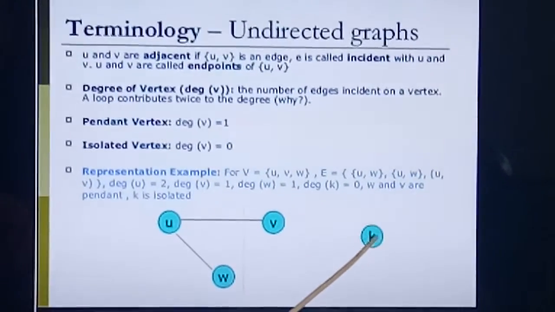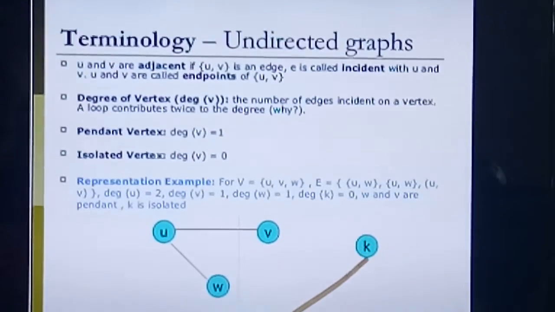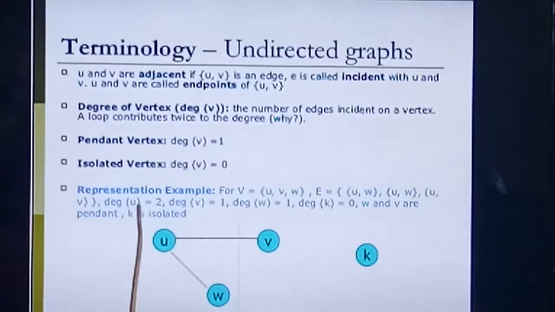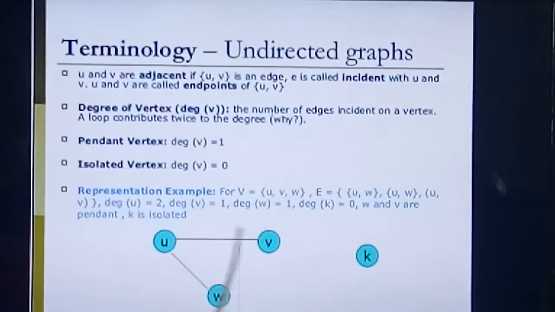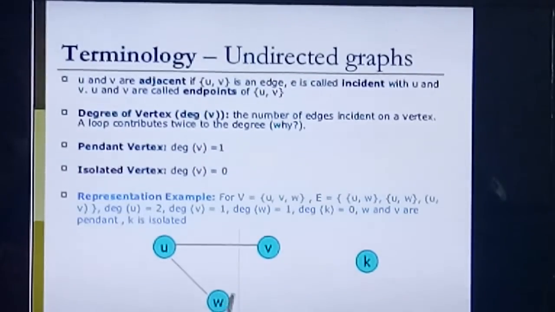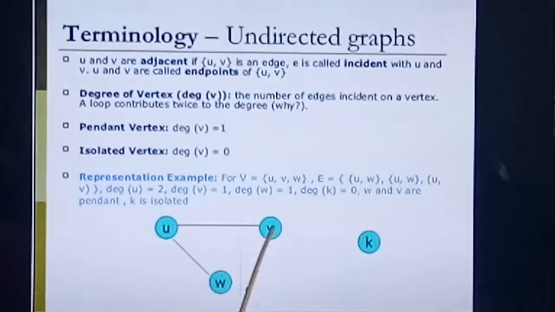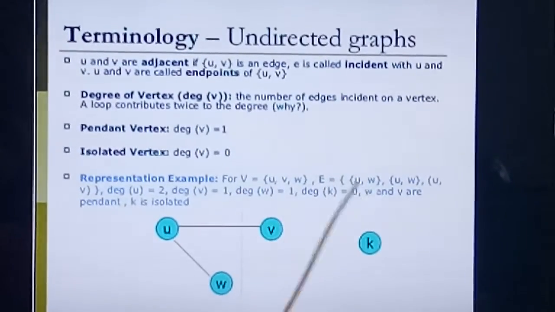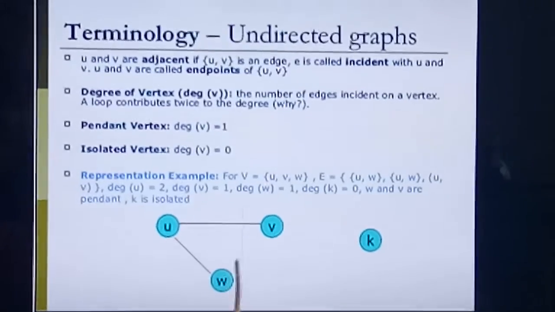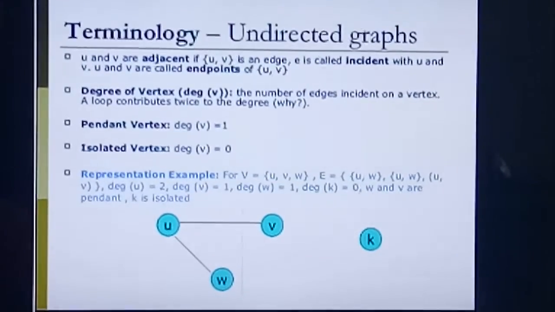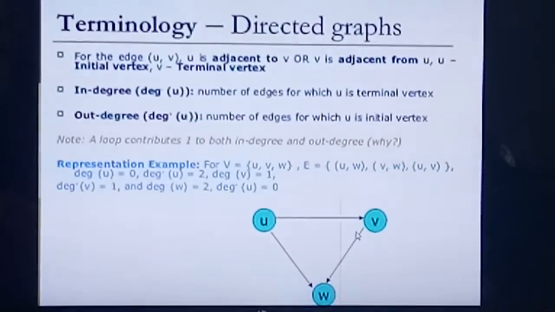So this becomes an isolated vertex. Example: for V equal to the vertices U, V, W and E equal to the edges UV, UW, and again you could see that here you have UW also.